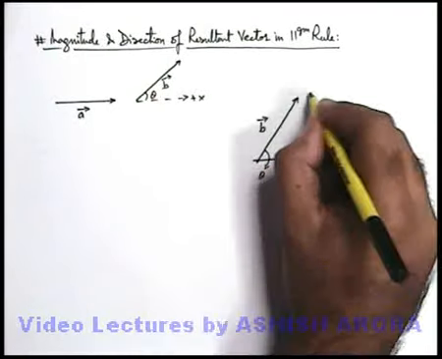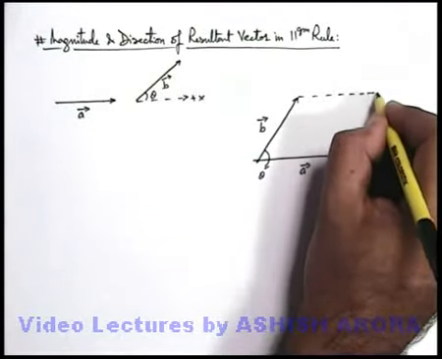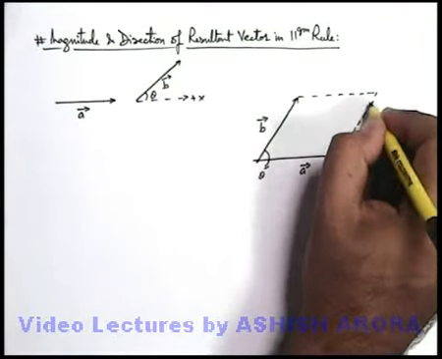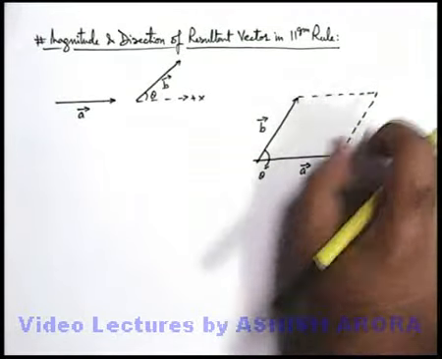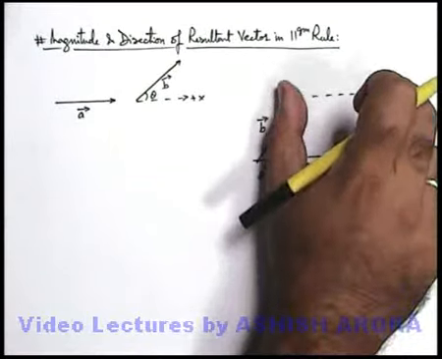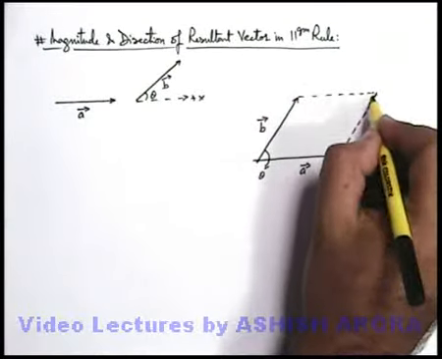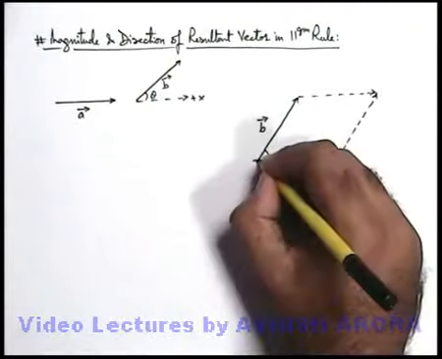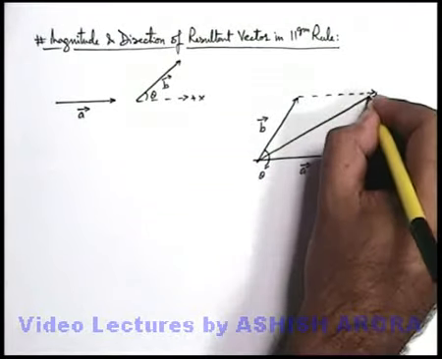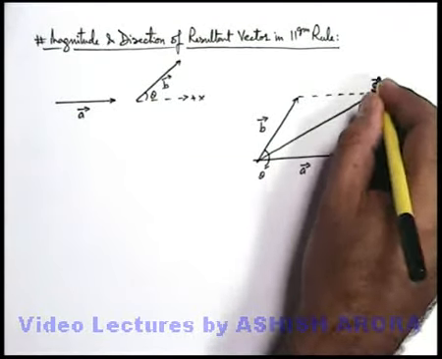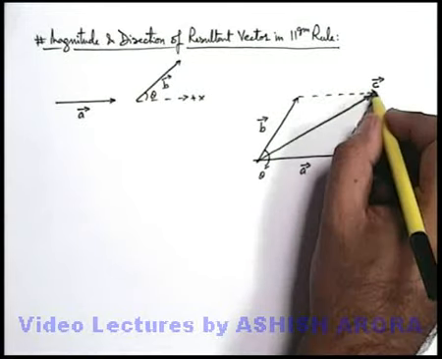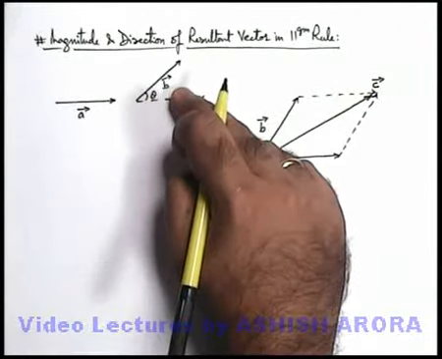And we complete the parallelogram using these two as adjoining sides. For this, we just need to place a vector A over here and B over here, and the parallelogram will be completed. And here the middle diagonal of this parallelogram, C vector, gives us the resultant of A vector and B vector.